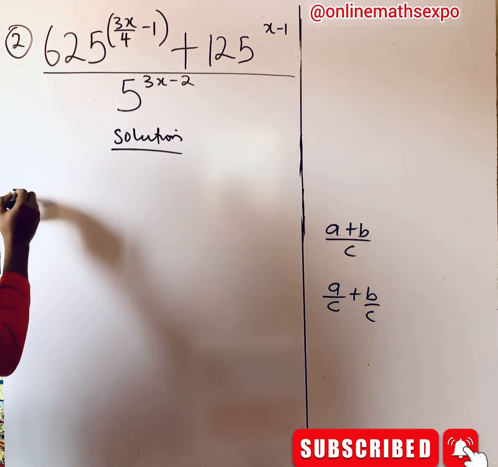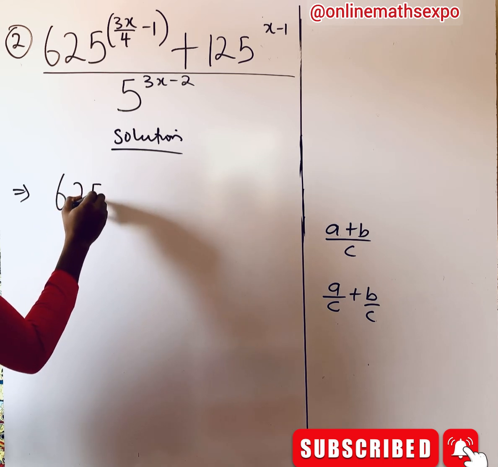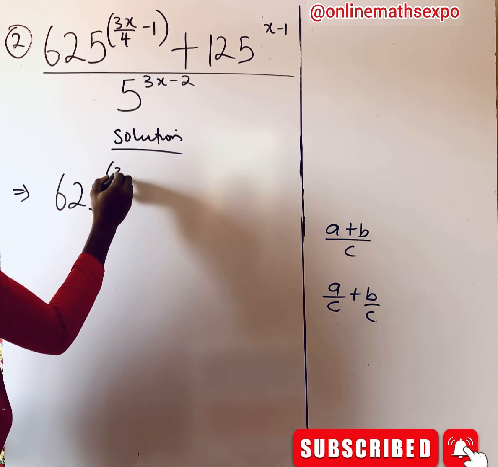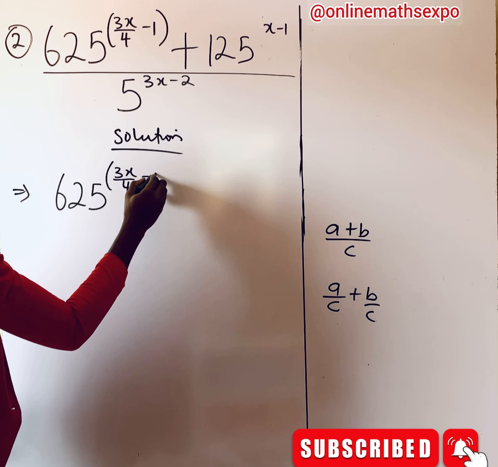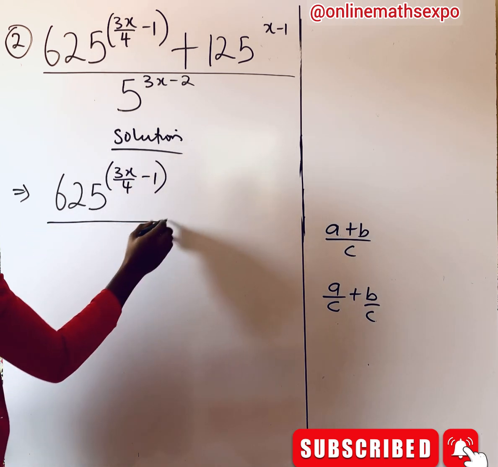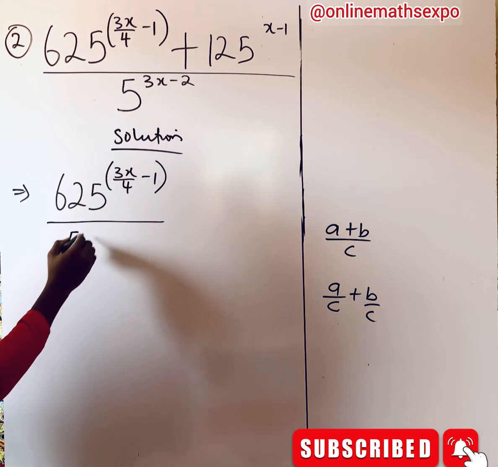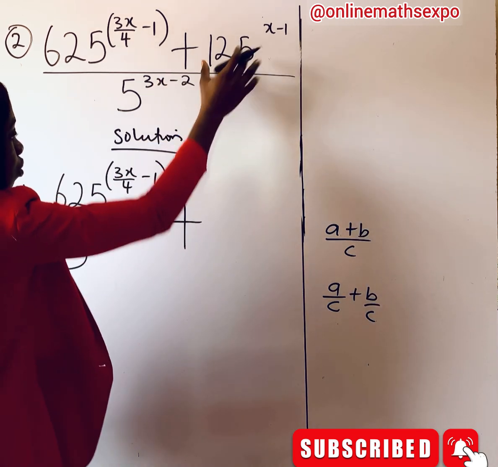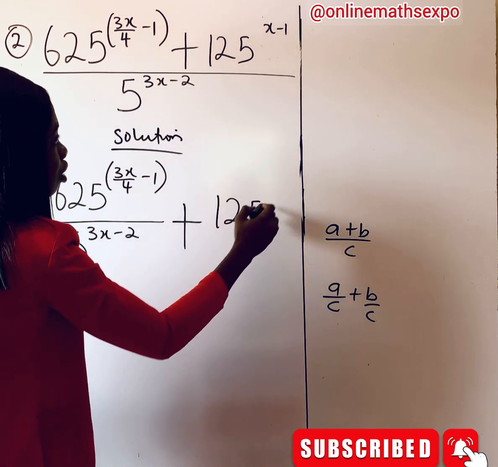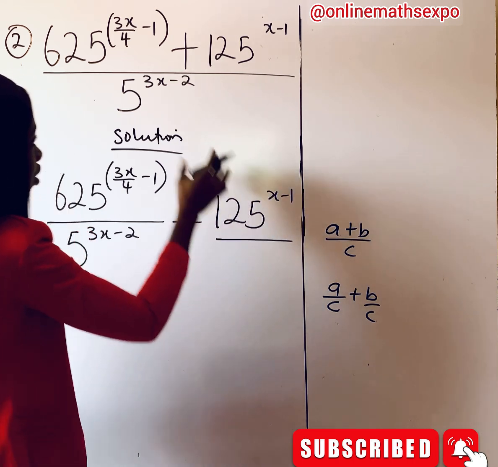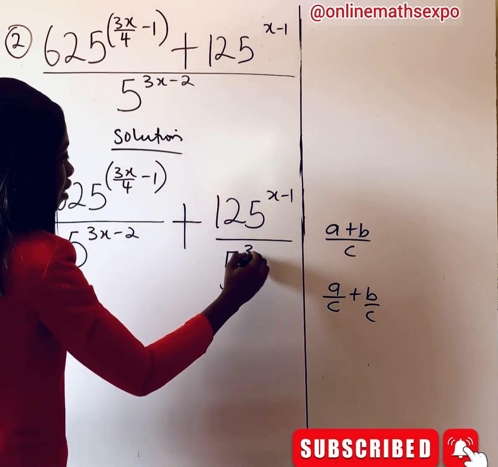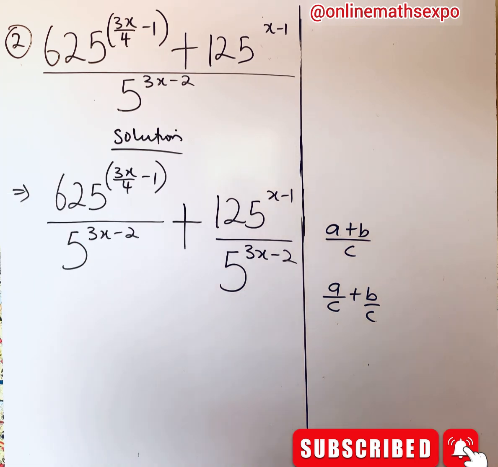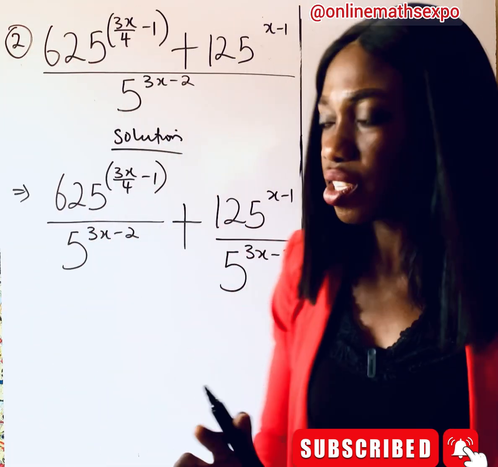We're going to have, so this is 625 raised to power 3x over 4 minus 1, all over this, we have 5 to the power of 3x minus 2, then plus 125 to the power of x minus 1 divided by this. Now, at this point, just remember, just very simple.